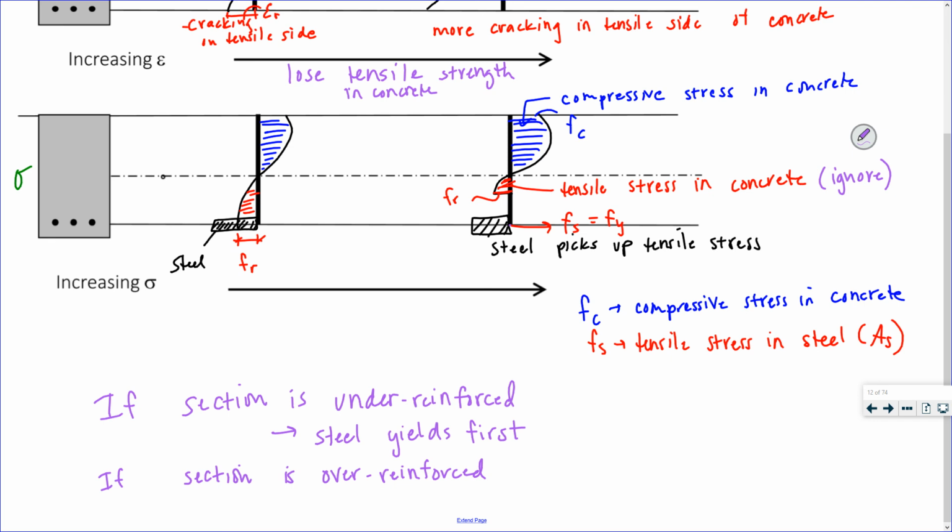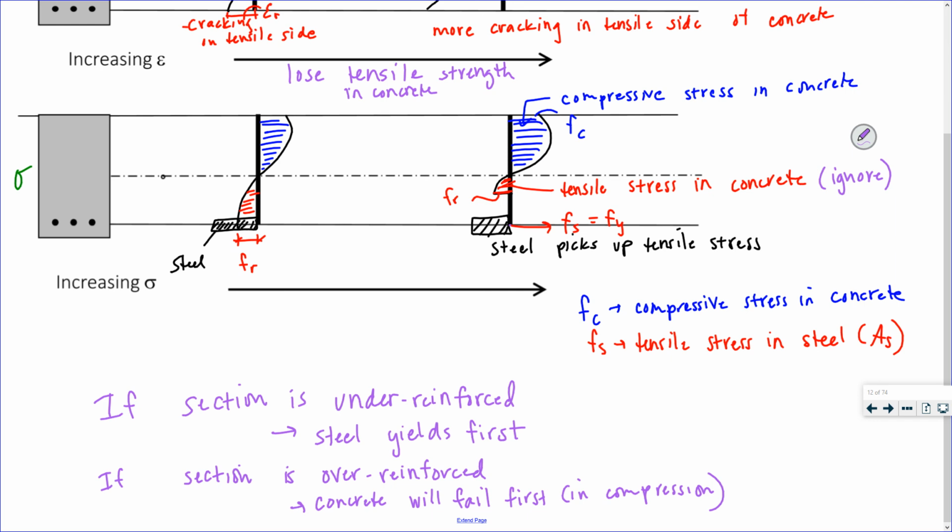When they're both subjected to similar stresses, then the concrete will fail first in compression, and we don't want that to happen, right?